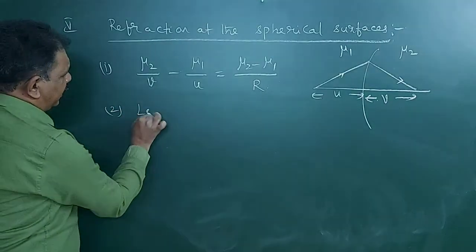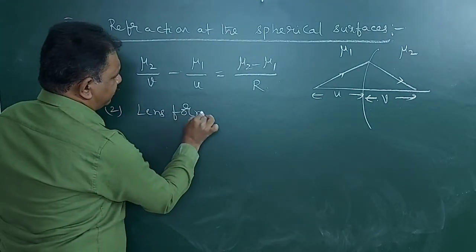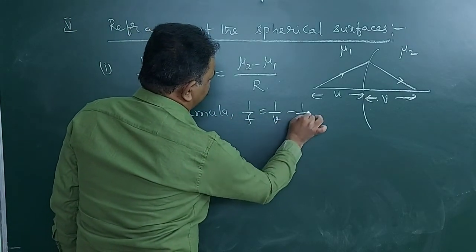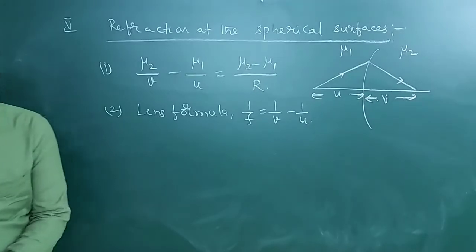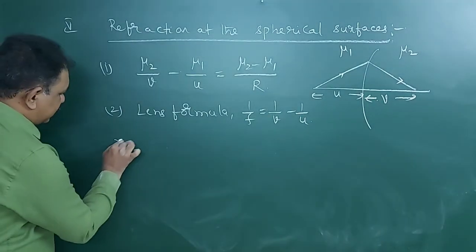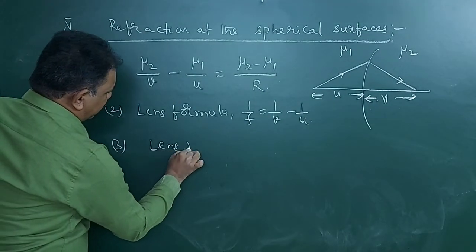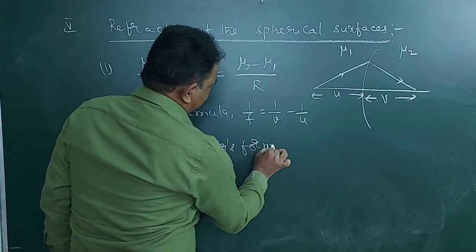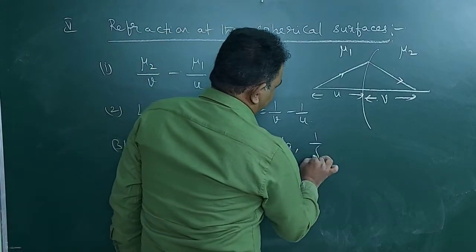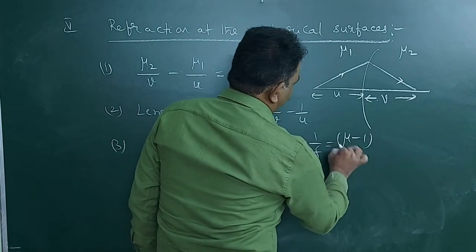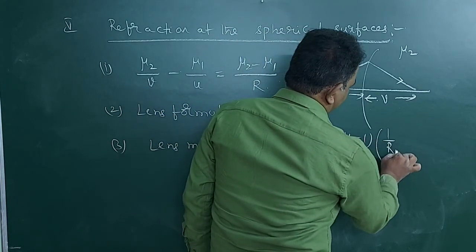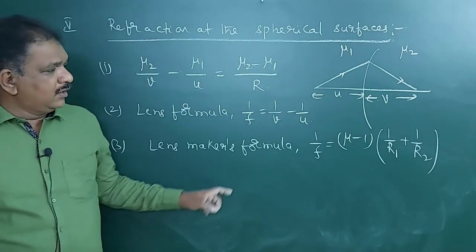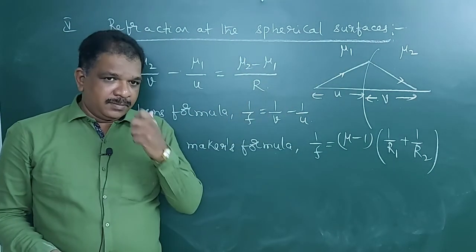Next, second one, lens formula will come. 1 by f is equal to 1 by v minus 1 by u. Next, lens maker's formula. 1 by f is equal to mu minus 1 into, for convex lens I am writing, mu minus 1 into 1 by r1 plus 1 by r2.